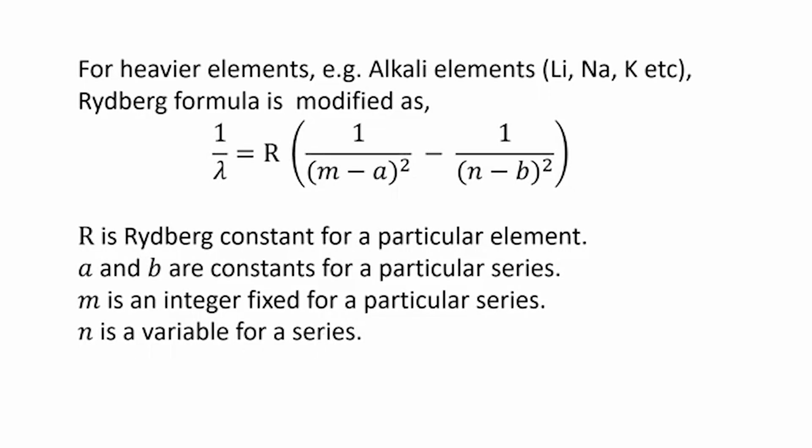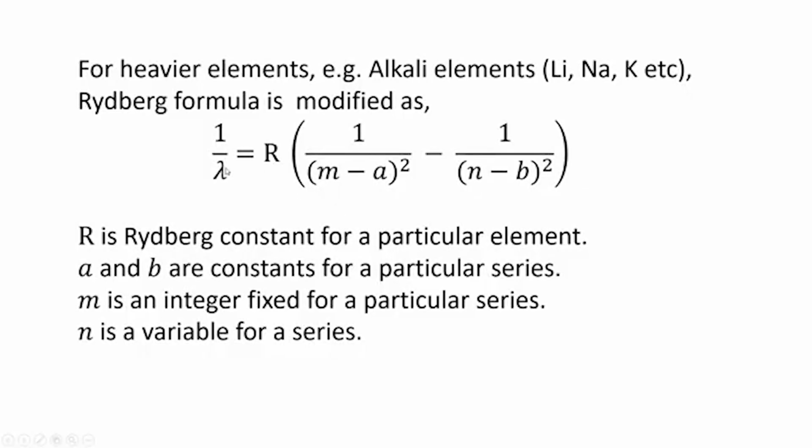So there are transitions from n, a variable number, to m, and m is lesser than n. So this is how the Balmer formula, or rather the Rydberg formula, was modified for these elements, the alkali elements.